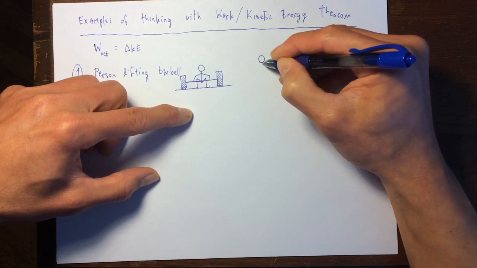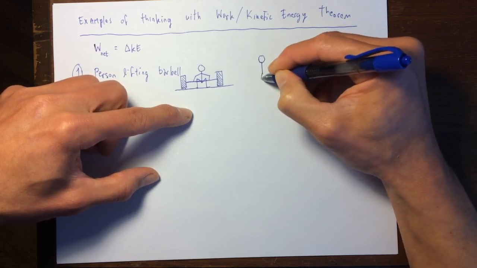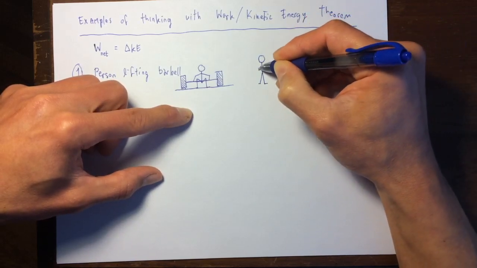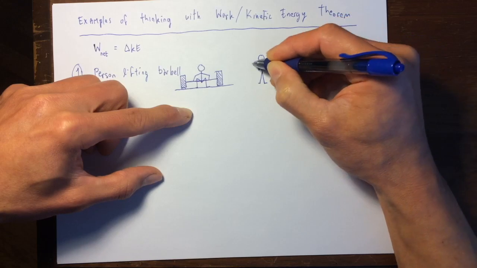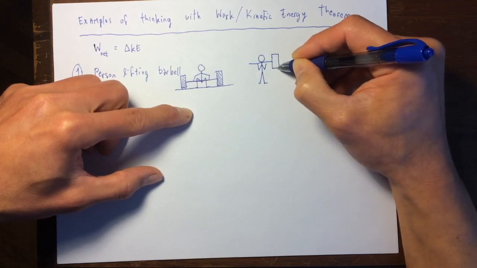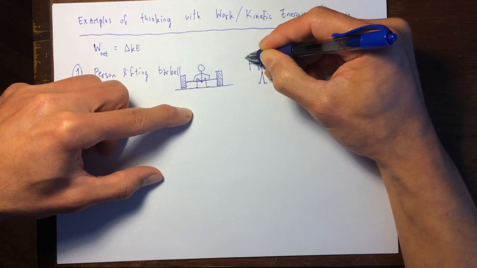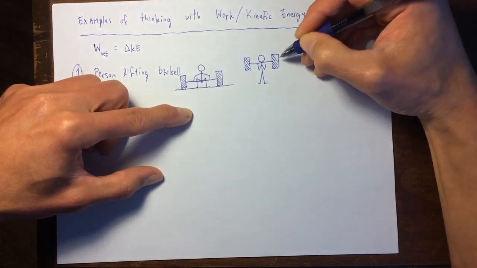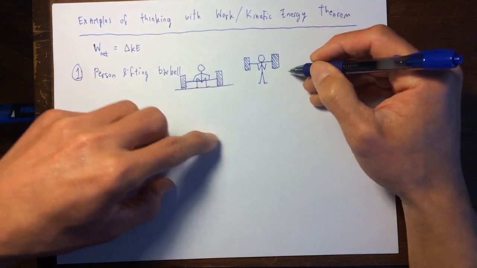So here is after the person was able to stand up, and they've got the barbell underneath their chin. So they've done the work necessary to get it here, but they're not finished. This is an Olympic lift, and they're going to lift it above their head.